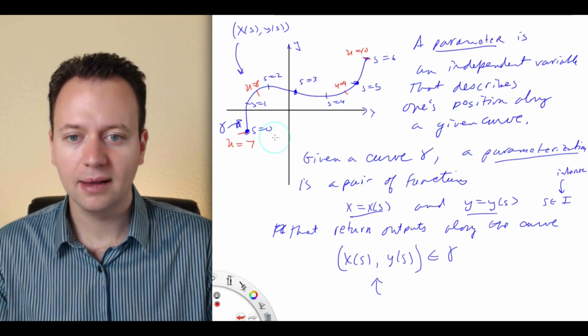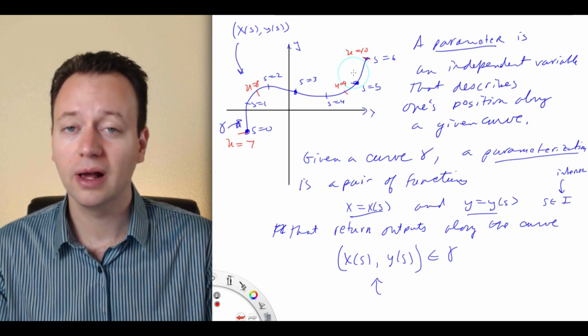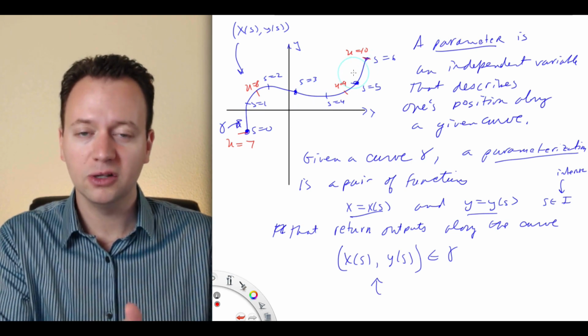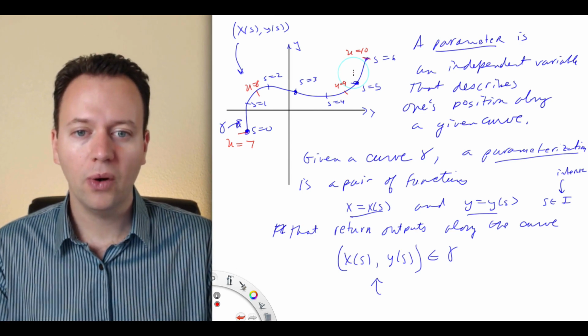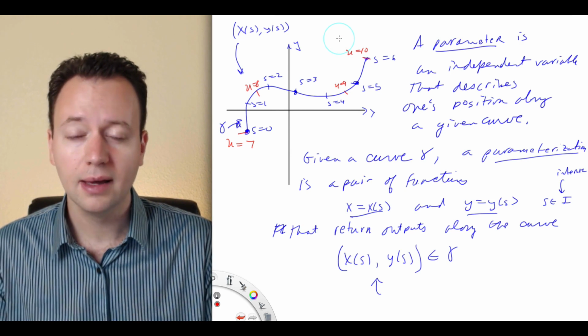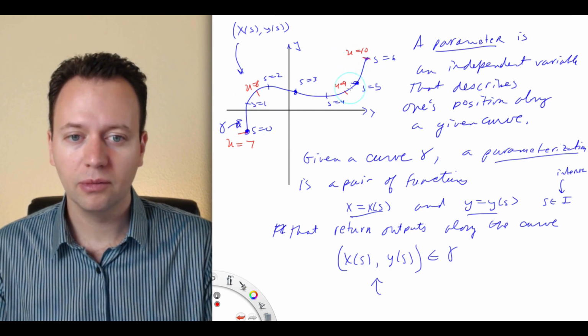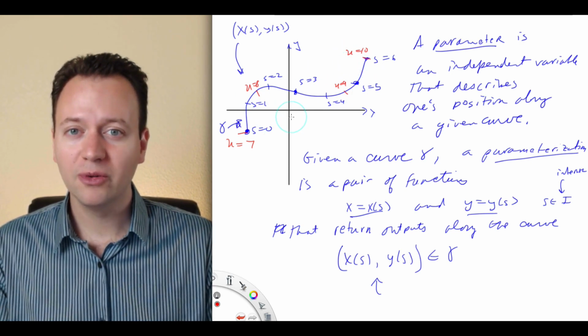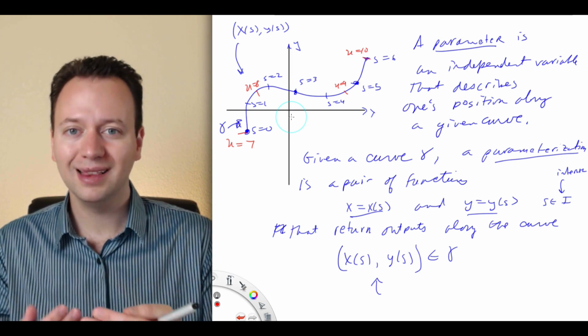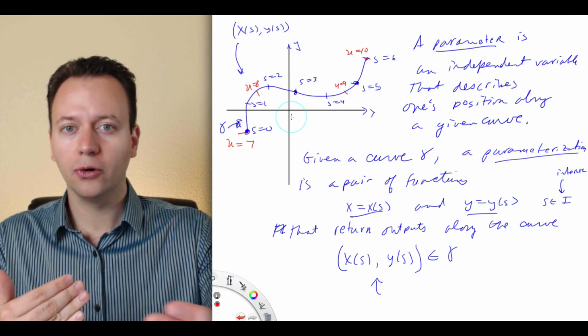Anyone can come in and come up with any way of measuring how far you are along the curve that they want. It doesn't have to be evenly spaced either. We'll see this in Calculus 3, but one way that people often parameterize curves is parameterization with respect to arc length. That means the parameter literally indicates how far along the curve you've moved.